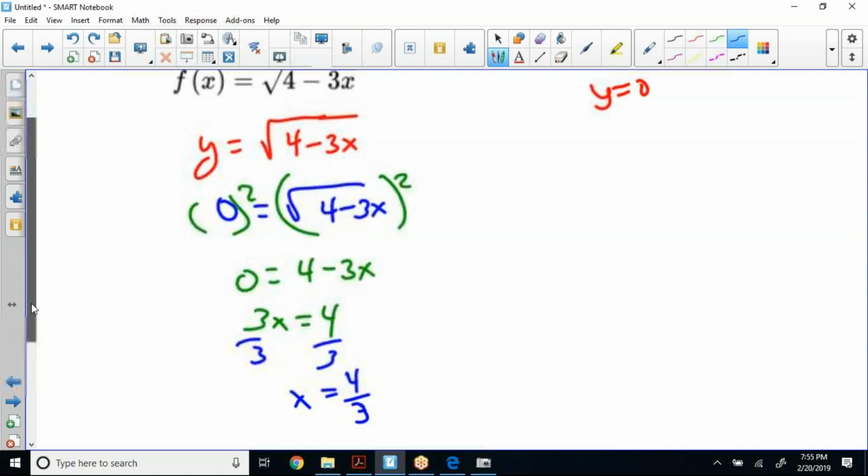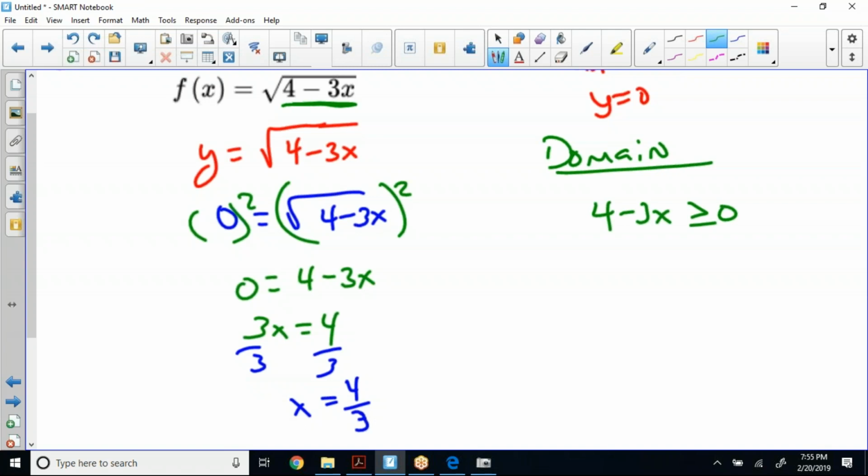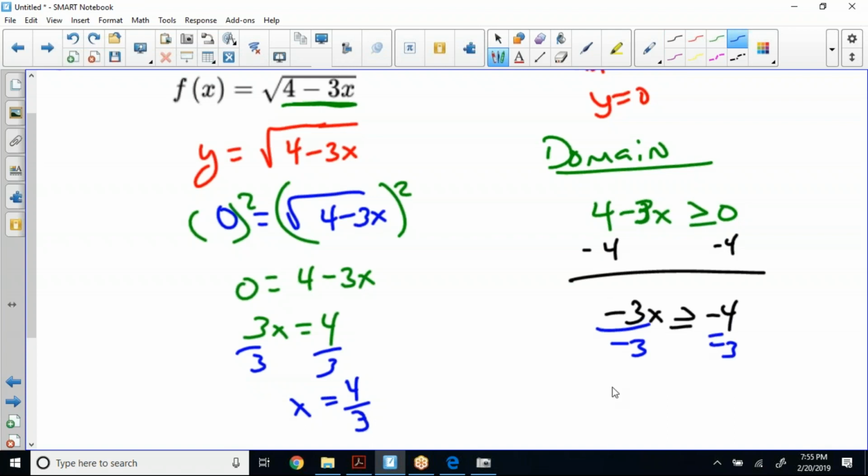Okay. Now, if I'm looking for the domain, then I am taking the radicand, which is everything underneath the radical, and setting it greater than or equal to 0, right? And then I am doing nothing more than solving it, right? So that's divided by -3. So that's x less than, because it flips it, right? And that'd be 4/3.